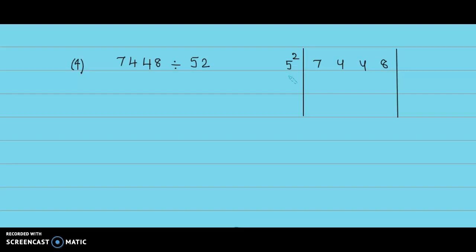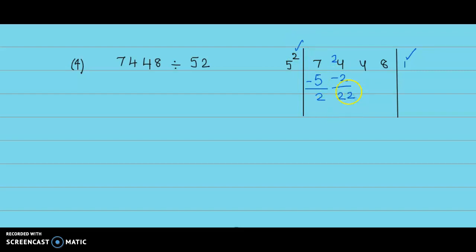So divide 7 by 5, 5 ones are 5, and subtract 5 from 7, you get 2. Now take this 2 at this point, and this number becomes now 24, and from this 24 you have to subtract 2 times 1, this 1 and this 2, that gives you 22.